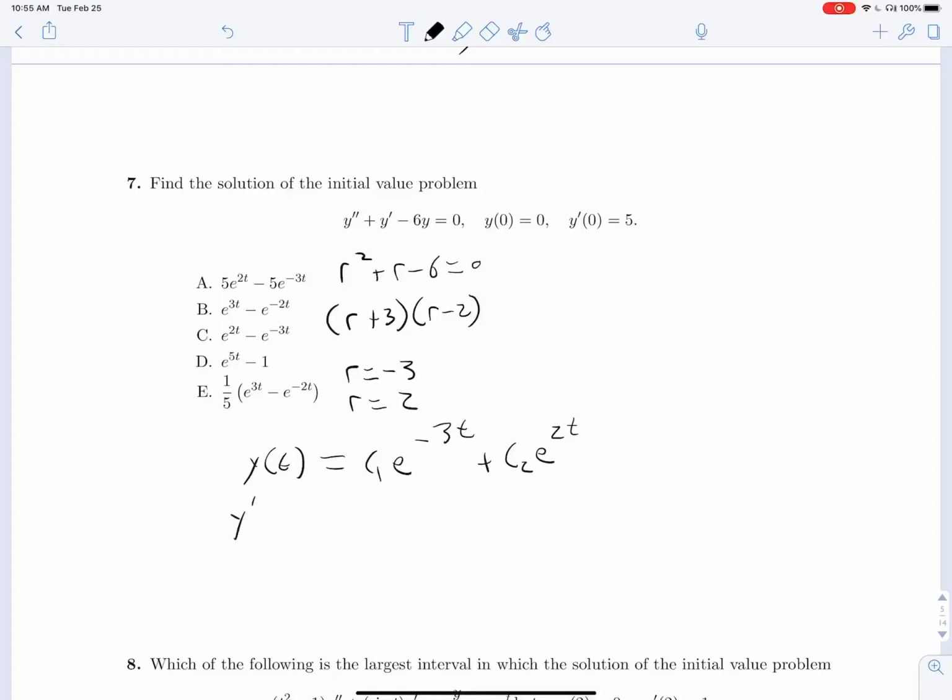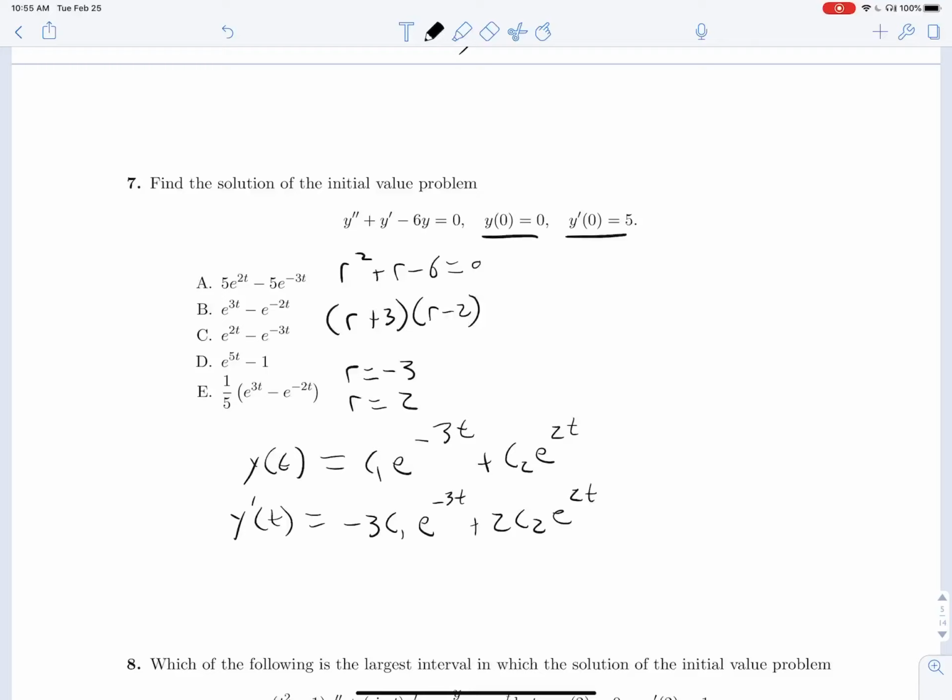And we'll also have to take y prime of t, and that will be negative 3 c1 e to the negative 3t plus 2 c2 e to the 2t. Okay, fine. We can now use these two initial conditions that were given to do some linear algebra and get ourselves some values for c1 and c2.